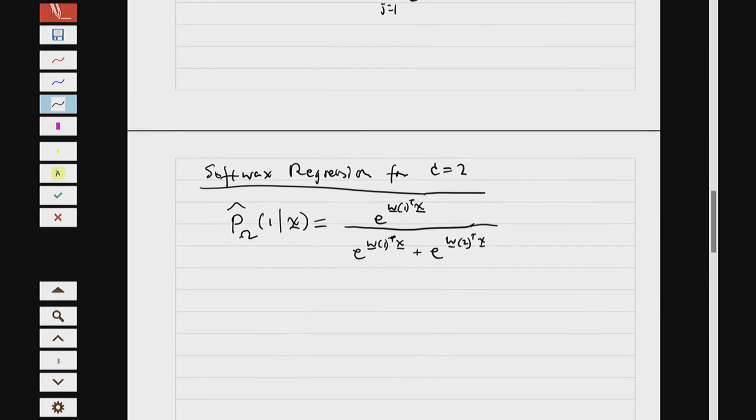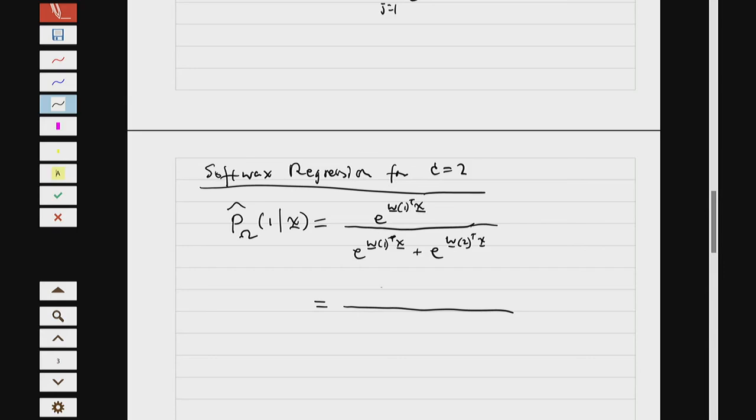Let's massage this into the form of the sigmoid function that we have. In the sigmoid function, we have e to something on top, and 1 plus e to something at the bottom. This can be achieved easily by dividing by e to the w2 transpose x in both the numerator and the denominator.